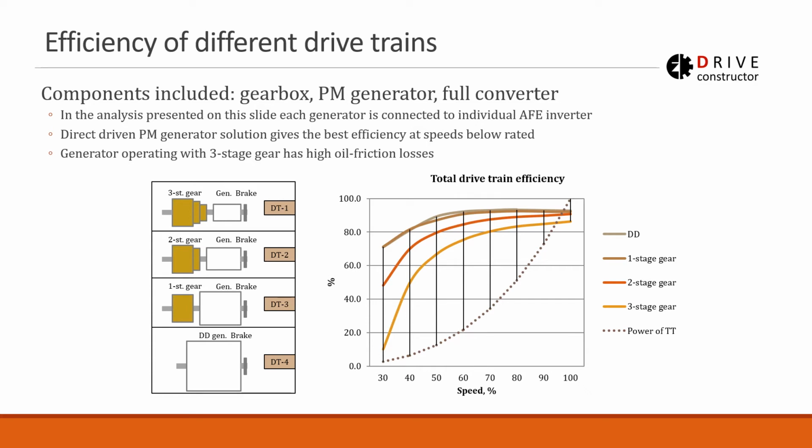Some of the components, like the gearbox, for example, when it consists of several gear stages, we then should remember each stage will have its own efficiency. So efficiency of a gearbox is the product of efficiency of the stages. And that means that a 3-stage gearbox will have lower efficiency than, for example, a 1-stage gearbox.